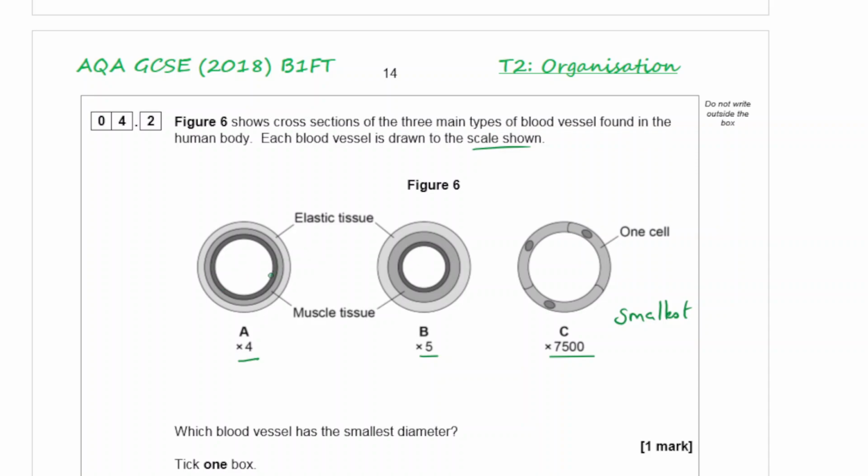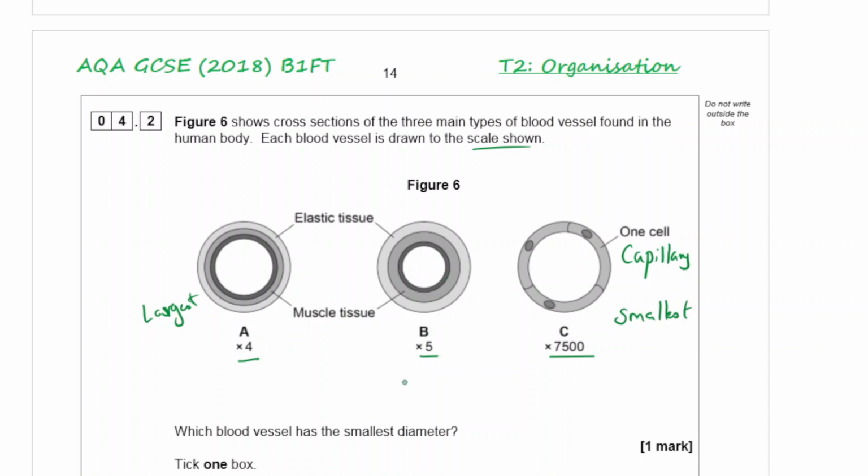A and B are roughly about the same size, so A should be the largest. It has elastic tissue and muscle tissue in both A and B. Now, C is just one cell thick, so this is a capillary which connects these two blood vessels.